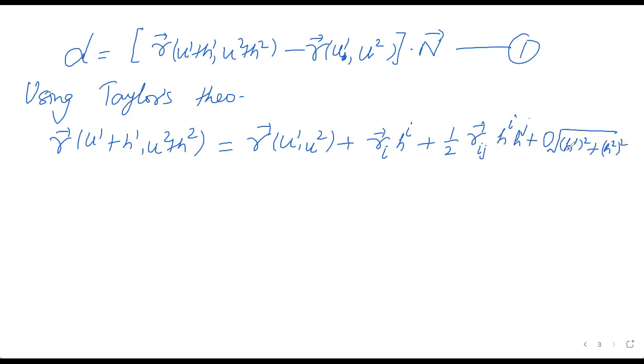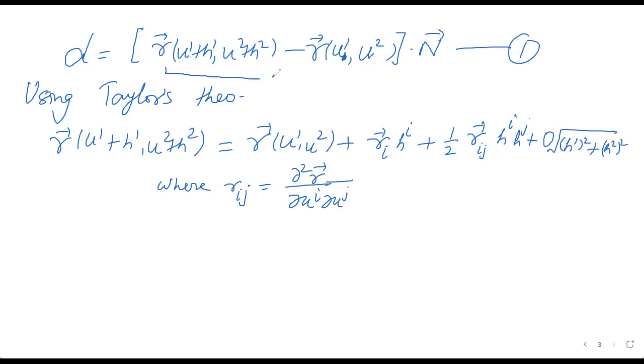So it is higher order power of this, where Rij is del 2R over del Ui del Uj. So it is a Taylor series in terms of parametric coordinates, parametric representation, the same as you write F of A plus H, B plus K. So putting this value in one, take it to the left hand side.